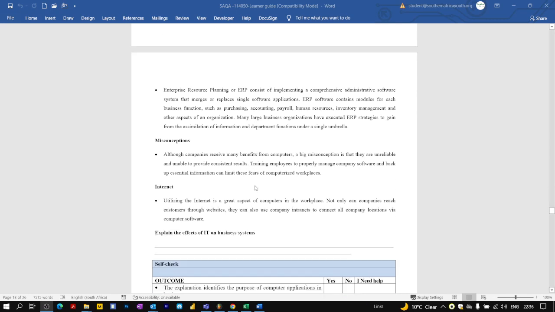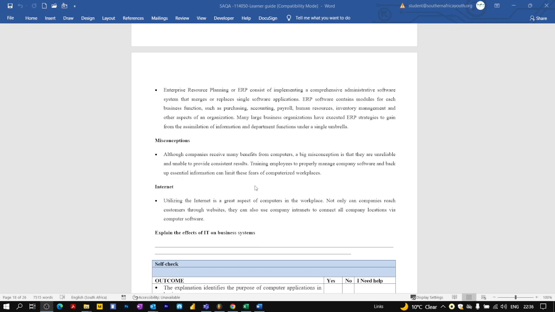Then there are certain misconceptions. Although companies receive many benefits from computers, a big misconception is that they are unreliable and unable to provide consistent results. Training employees to properly manage company software and backup essential information can limit these fears of computerized workspaces, because you find, especially the older the generation, the harder they are to adapt to solutions that are computer based.